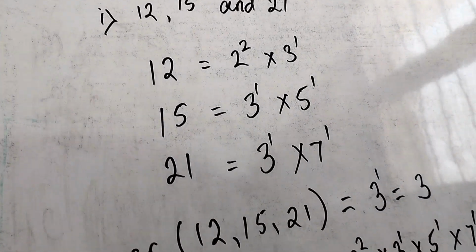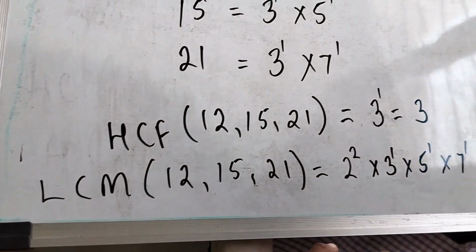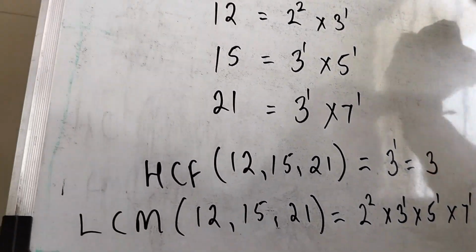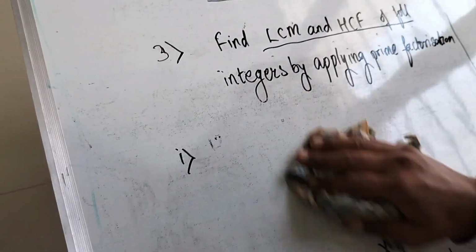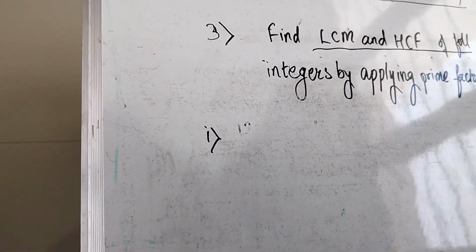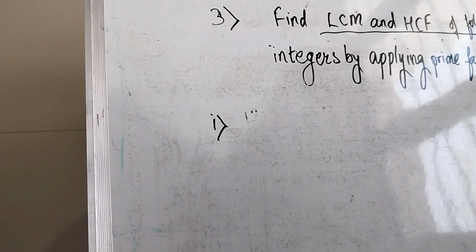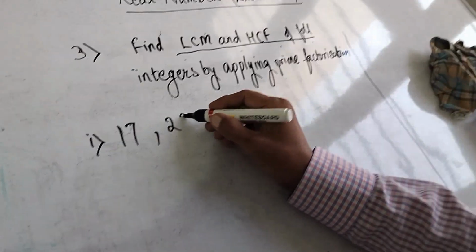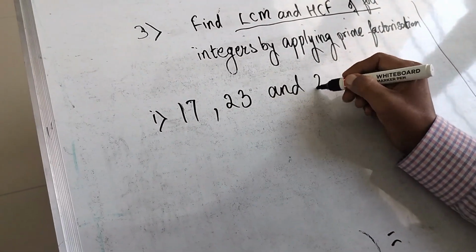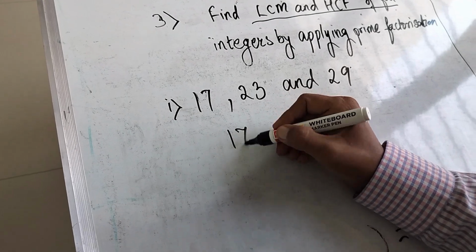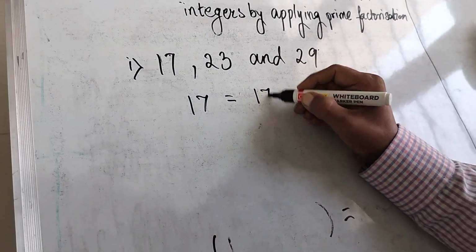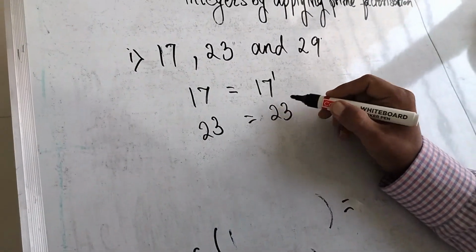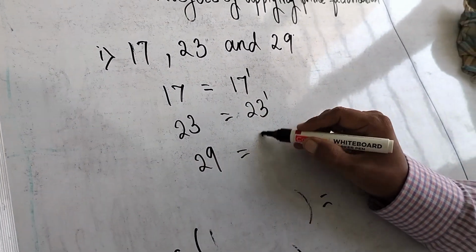Hence the verification part is not asked over here. The second sub question of the third question has the numbers 17, 23 and 29. See, 17 is itself a prime number, 23 is a prime number, 29 is also a prime number.